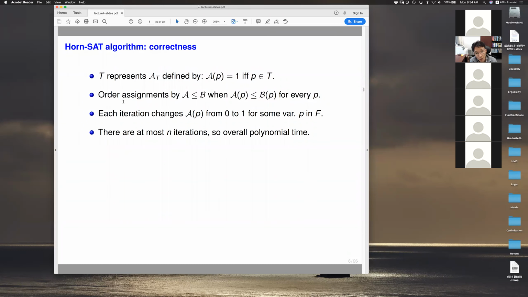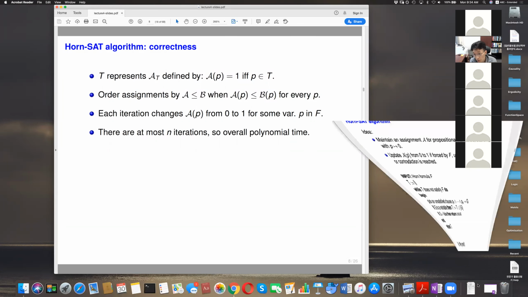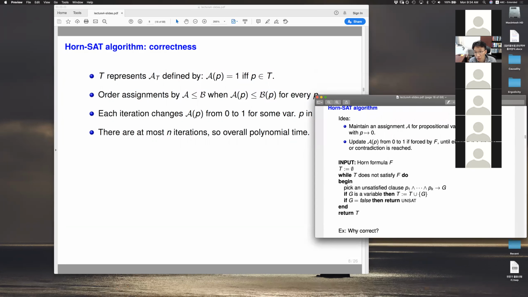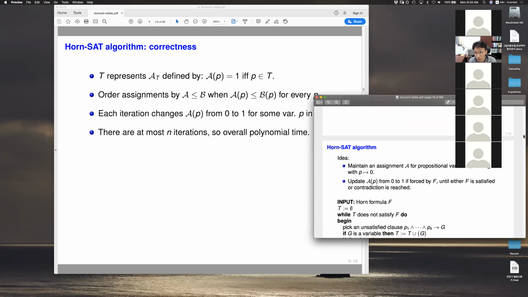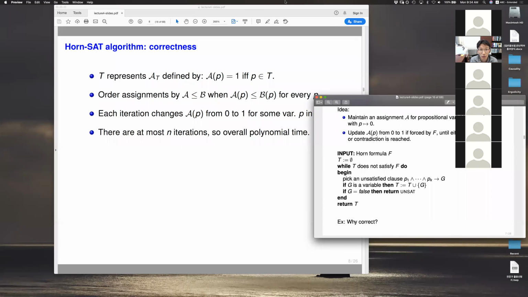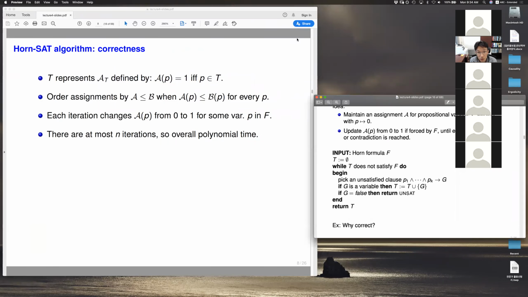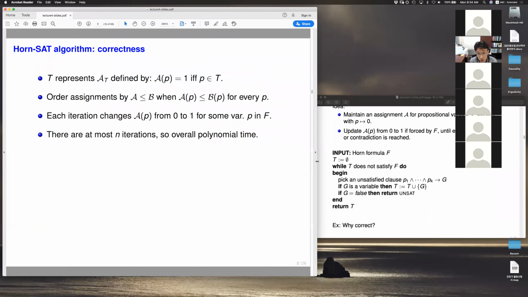Now we want to argue it terminates in polynomial time. And why is that? The reason is whenever the algorithm actually goes through the loop. Let me show you the algorithm here. I put the algorithm here so that if you want to look at it, you can see it on the right-hand side.